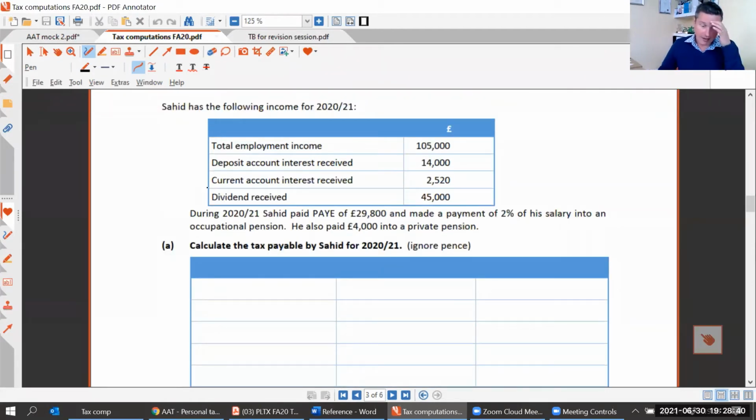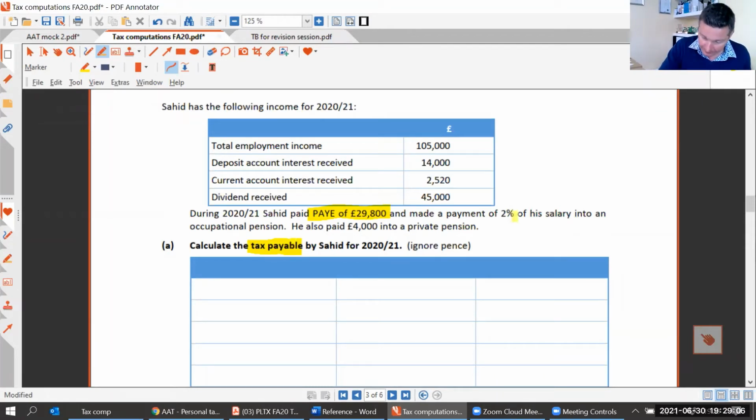So here we've got, Saheed has the following income. He's got total employment income of 105 grand. It's nice work if you can get it. Deposit account interest, current account interest, and dividend receipts. So nothing there that's exempt, nothing there to throw us out. But the more interesting stuff: we've got some PAYE, which isn't that interesting, but we've been asked to calculate tax payable, not the tax liability.